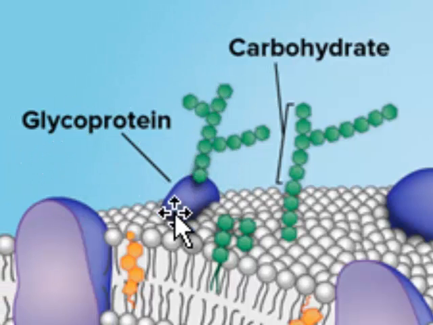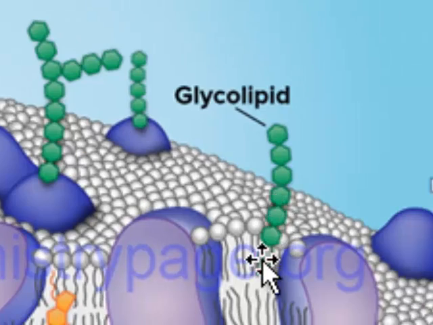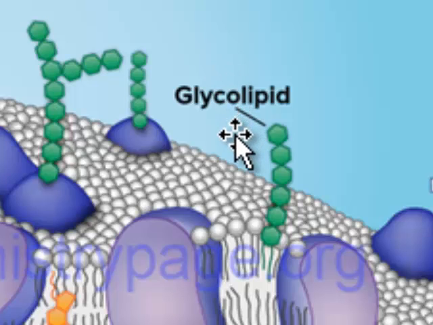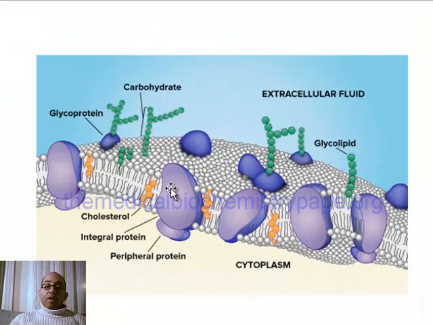So a glycoprotein is a protein with carbohydrates attached. A glycolipid is a lipid with carbohydrates attached. And in this picture you also see that there are cholesterol molecules that affect the fluidity of the membrane.